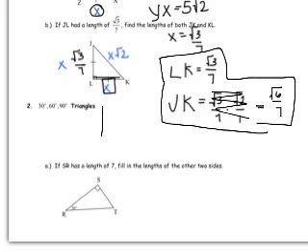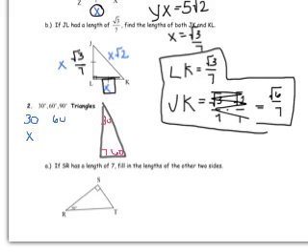Alright, so 30, 60, 90s. This is the smaller angle, so it's 30. This is the 60 and the 90. So you label across the 30 as x, across the 60 as x root 3, and across the 90 as 2x.